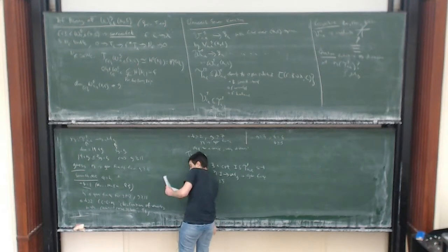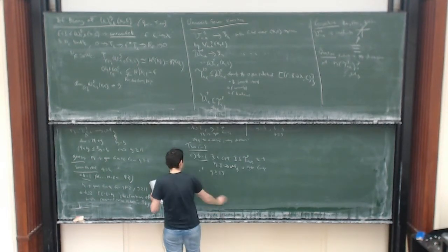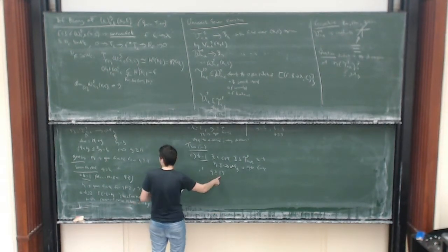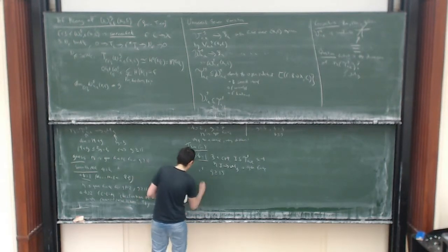And I can improve this. So we just have finitely many cases left between 11 and 14, and in most cases I can improve this.